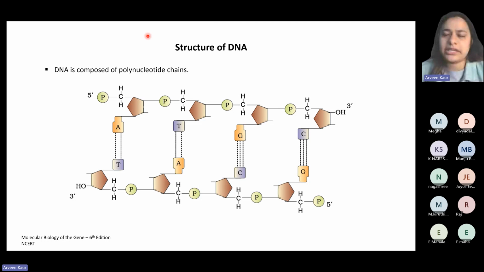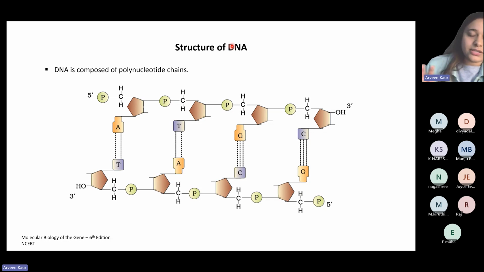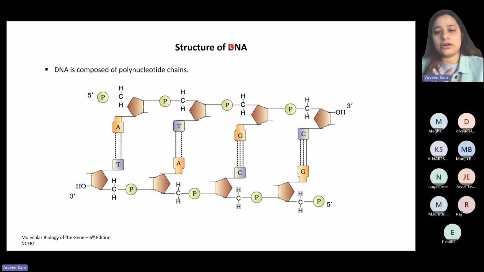So when we talk about the structure of DNA, beginning with the very basics, what is DNA made up of? We have already discussed its components. Deoxyribonucleic acid has nucleotide bases, it has deoxyribose sugar, and it has phosphates attached to it. Those concepts we have dealt with.